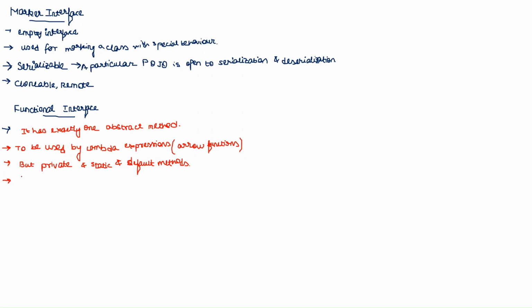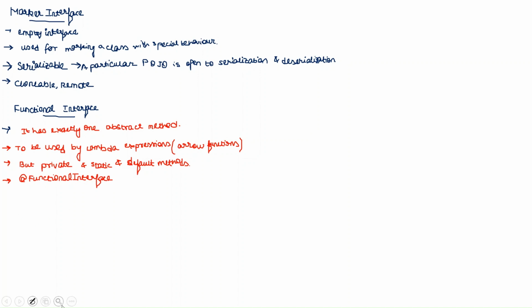You need to use the @FunctionalInterface annotation that is provided by Java. This annotation specifies that the particular interface is a functional interface. Even if you don't specify this, it's not a big deal. It's optional, but it is used for better readability.